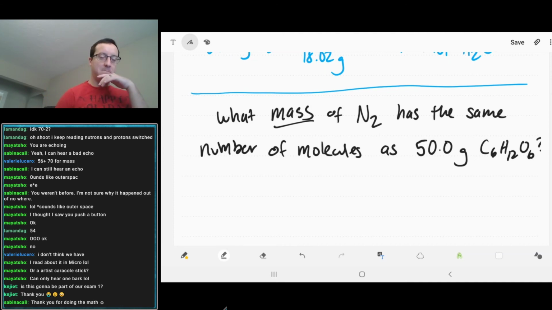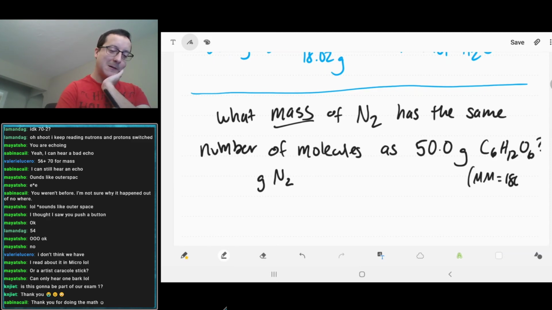So we're looking for a mass of nitrogen, so that means we're looking for grams of nitrogen, right? And we want the same number of molecules as 50 grams of glucose. If we remember from before, we found that the molar mass of this was 180.2.